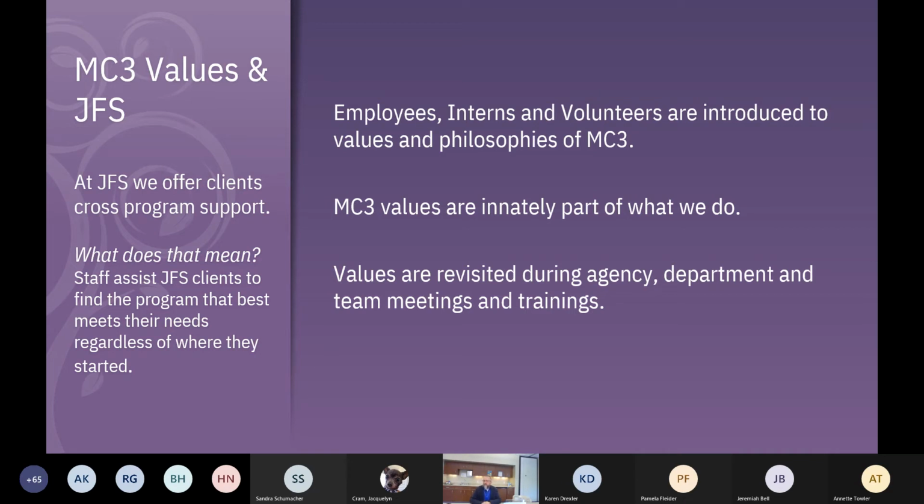So, MC3 values and JFS. One of the biggest things that we do here at Jewish Family Services is what we've called cross-program support. It's similar to Milwaukee County's no wrong door, but there is no wrong entry at JFS.